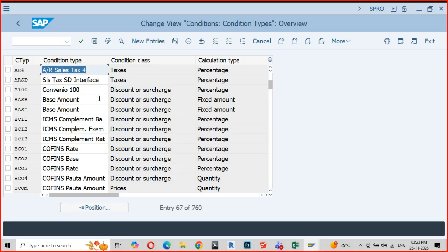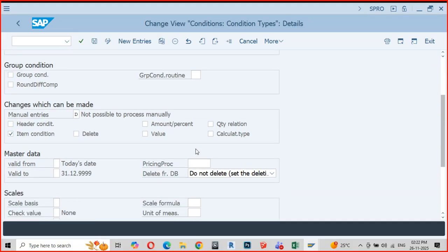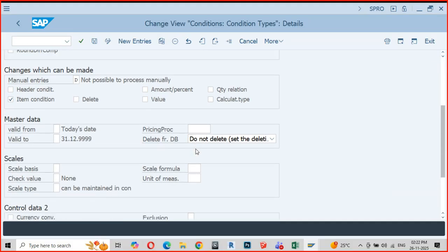Double click on this, it will show you the characteristics of what exactly this is. What is the condition class, the calculation type, all these are understood by the SD people. This is your condition types.